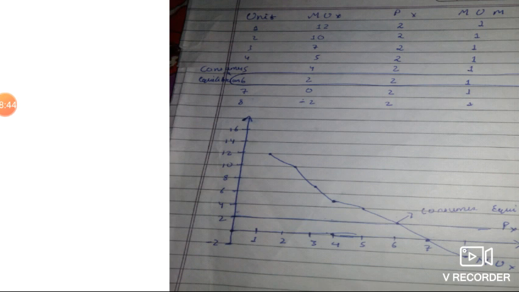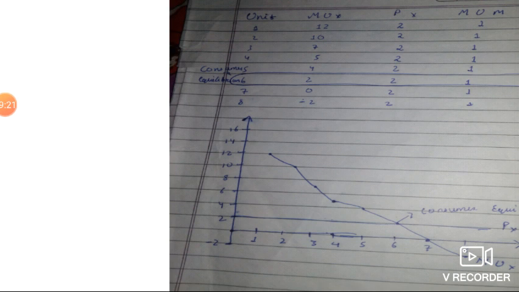So now what have you learned? A rational consumer consumes till the marginal utility obtained is either equal to or greater than the price, and the last point of consumption is when MUX becomes equal to PX.